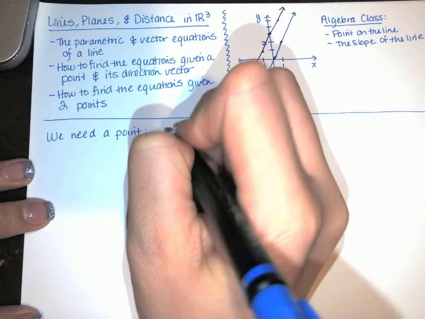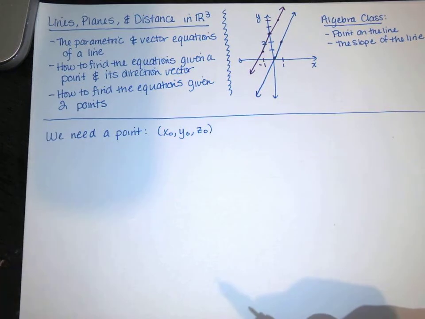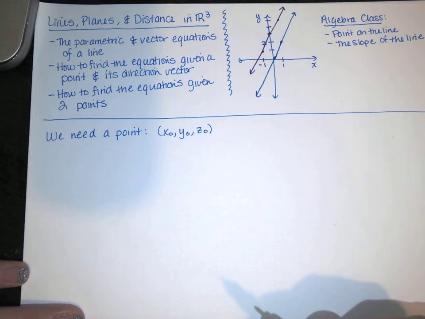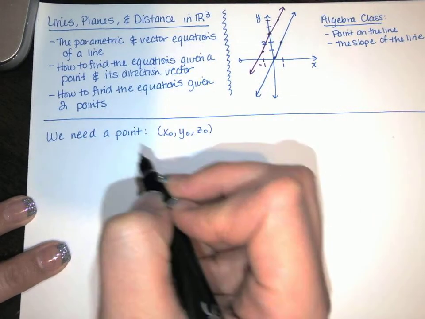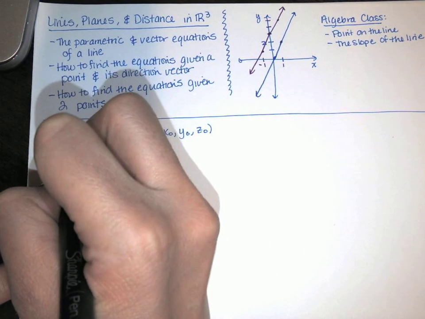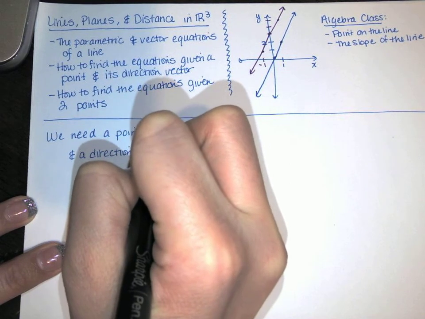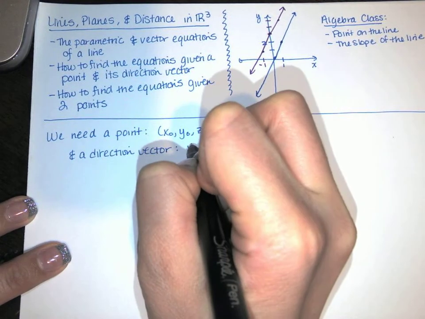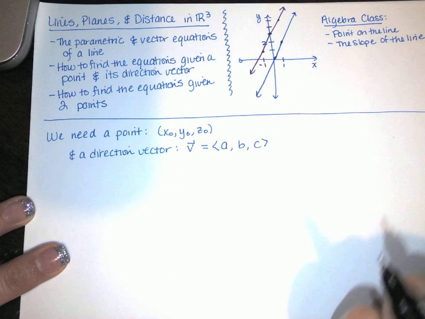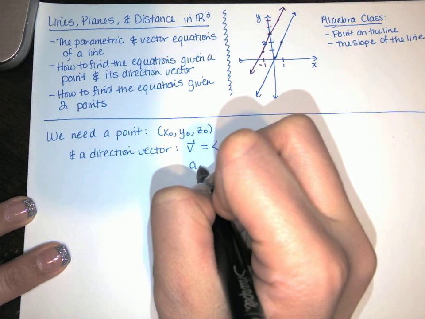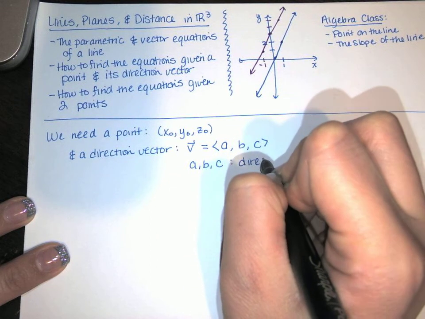So we're assuming we're in R3, so I need a point. Can you guess what we would use for direction? If you said vector, you're absolutely right. So we need a point and what's called a direction vector. I'm going to call it V, and its components are A, B, and C. We'll call A, B, and C the direction numbers of the line.